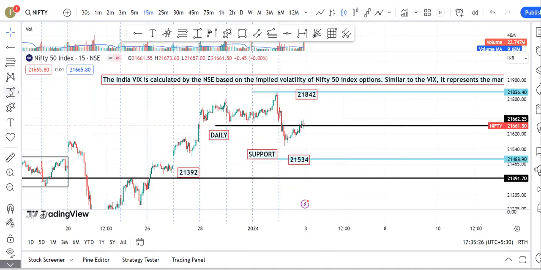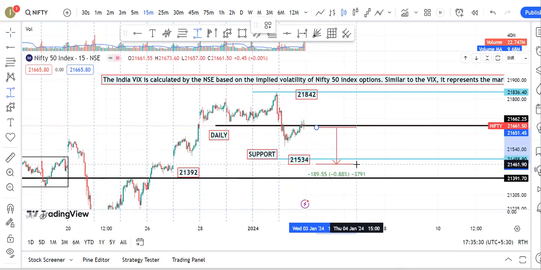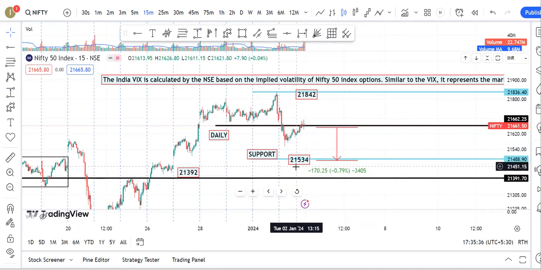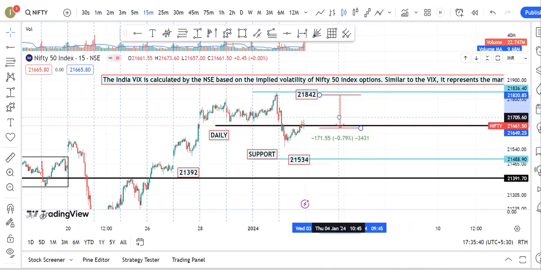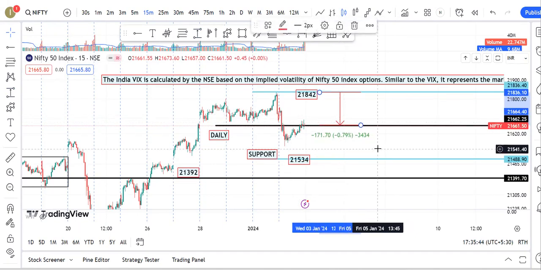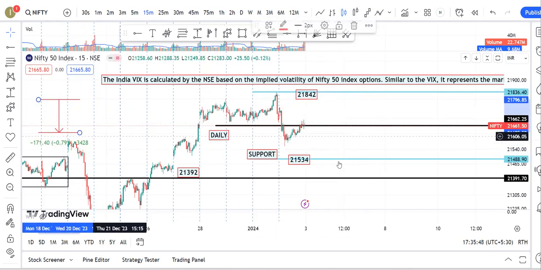If I measure around 175 points, it will go a little bit more. It comes around 21,534 from the closing point, and above, 21,842. This is one way.